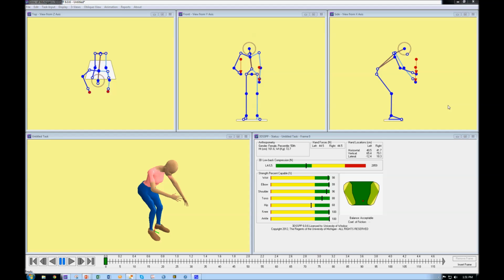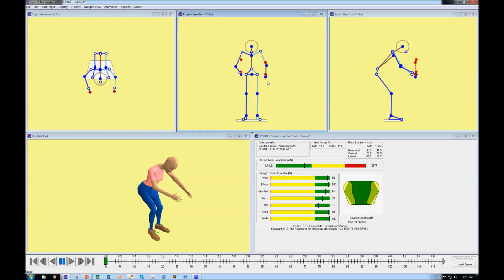I also want to just make you aware of some of the controls when you're using the actual stick figures to move and manipulate the mannequin. You can really mostly only control the joints, and thus the segments, of the areas that have the dots that are filled in.